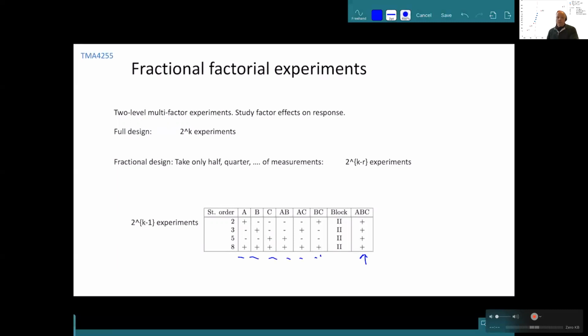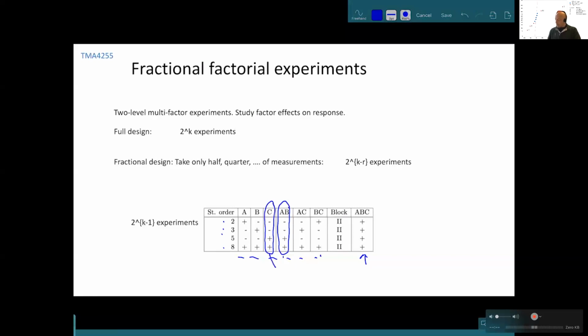But perhaps you see some structure in this matrix. You see that, okay, A is nice, it's plus, minus, minus, plus, and B and C and so on have different structure. But then we see that AB is exactly the same as C. So if we only do 4 experiments here, we cannot really discriminate between these two.